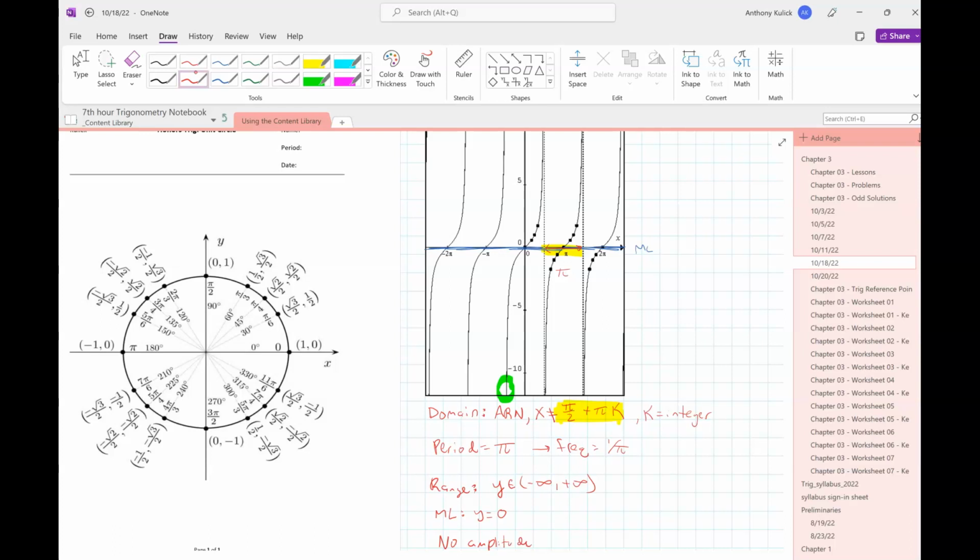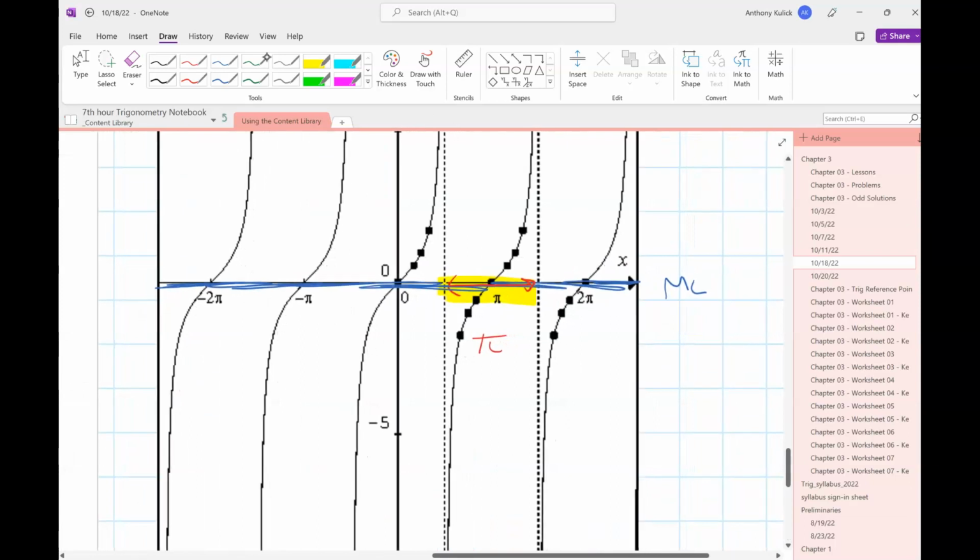But Mr. Kulik, what are we going to do when we are trying to write the equation from a graph of tangent? How are we going to get the value for A?